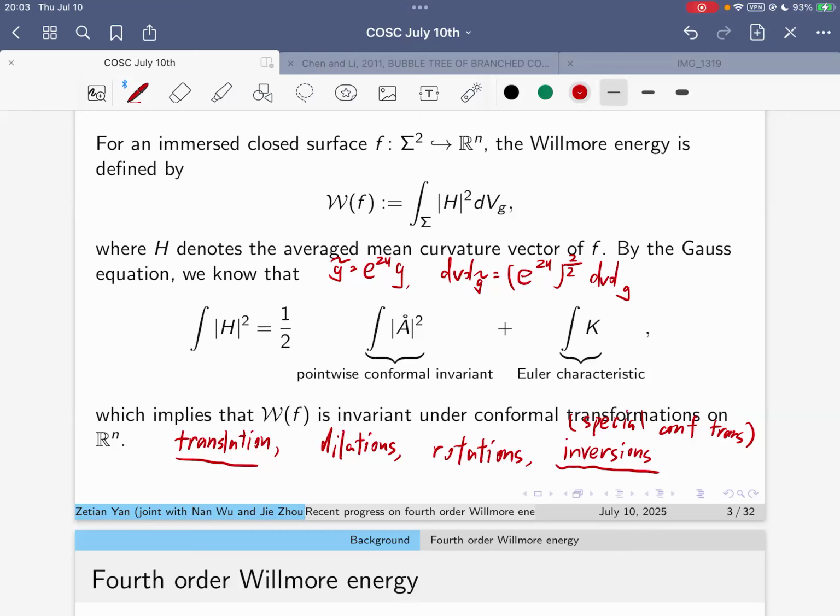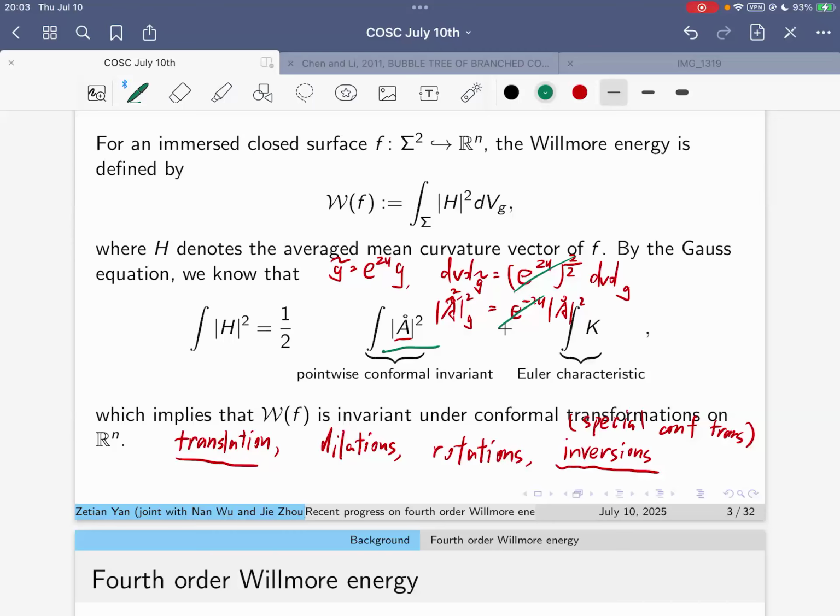Okay, moreover, this part is exactly the trace-free second fundamental form. So it will be transformed by the following formula. And you will see that the conformal factor will be cancelled. So this part is exactly a pointwise conformal invariant.